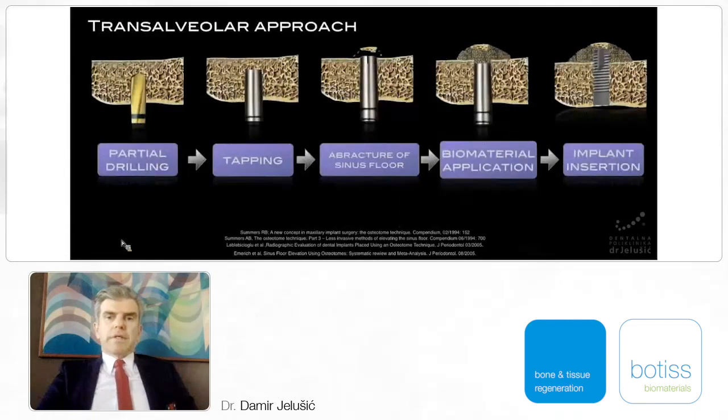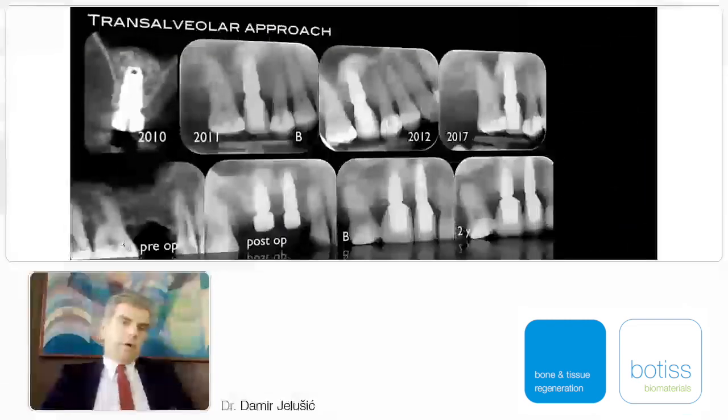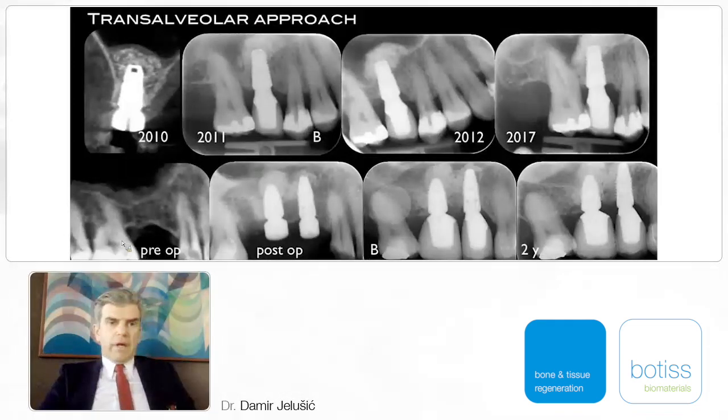One short schematic drawing: from partial drilling, tapping, up-fracture of the sinus floor, biomaterial application, and then implant insertion. So we are approaching the sinus through the alveolar crest. And here are some controls of some of my cases.